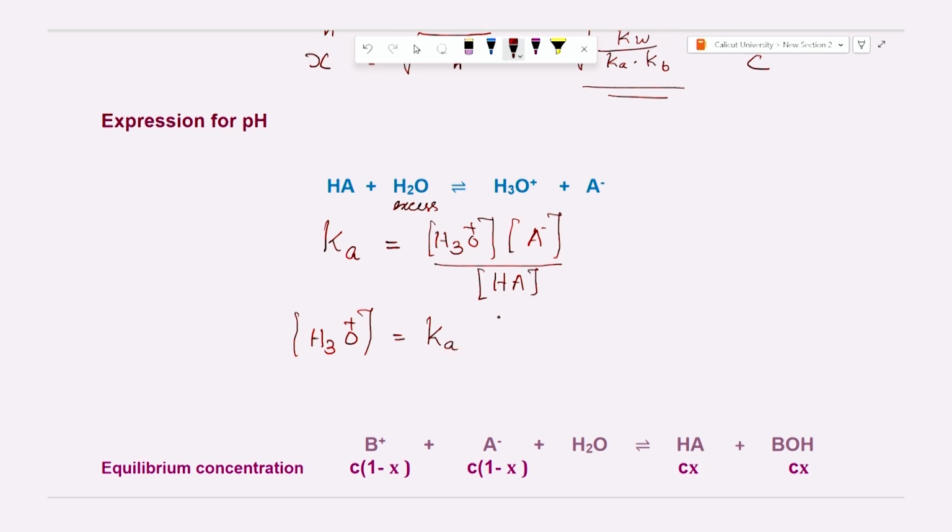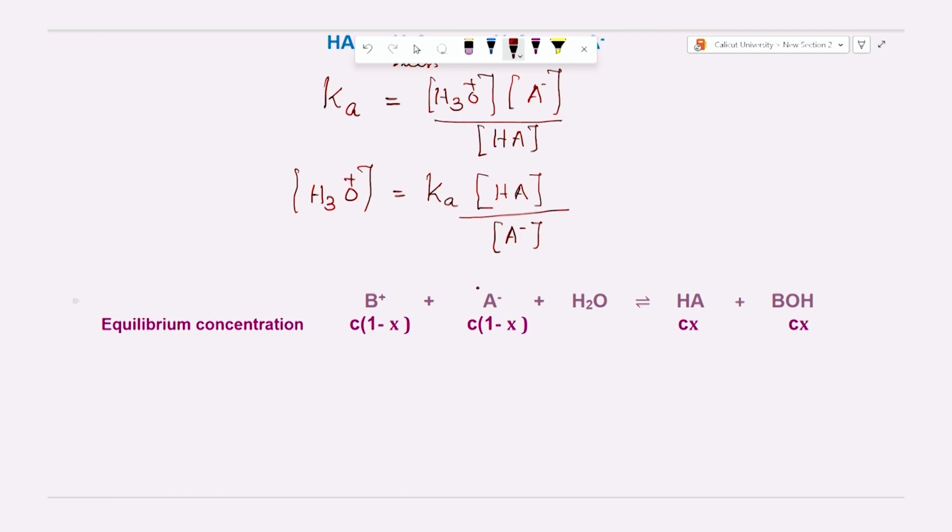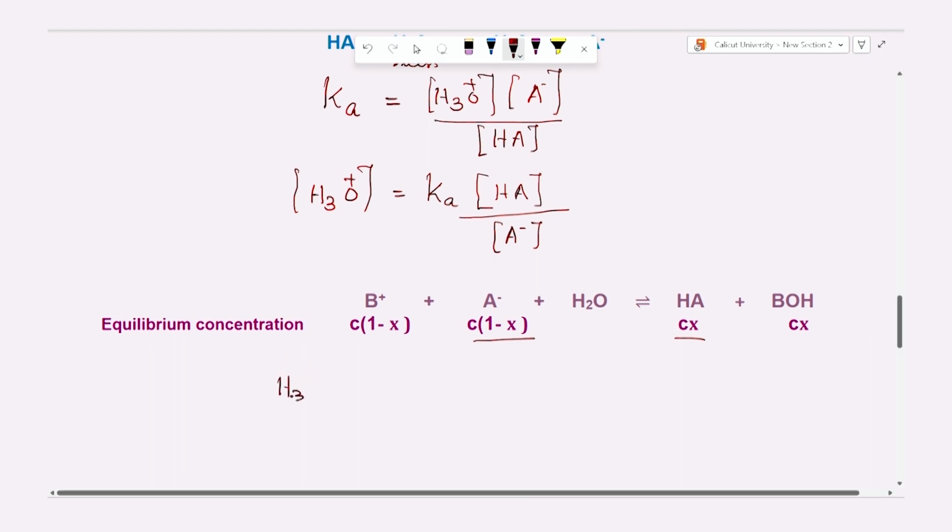So, I have Ka, HA which is in the denominator, when it goes to the left hand side, it becomes numerator HA divided by concentration of A minus. Now, let us recall, I have written it here, the concentrations of all these terms. HA, the concentration is Cx, A minus, the concentration is C into 1 minus x, from the previous expression.